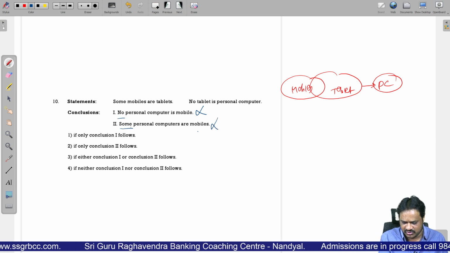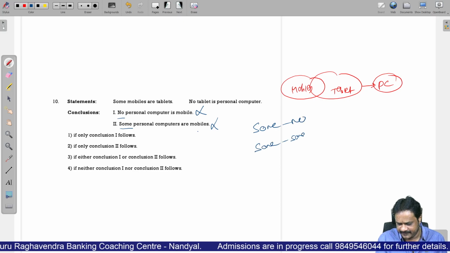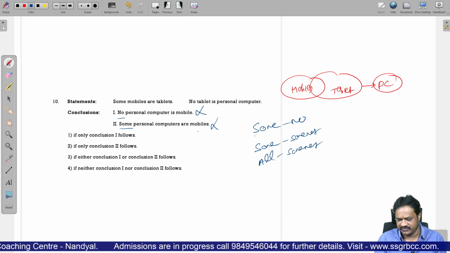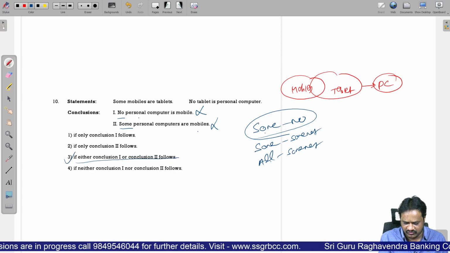But these two are called complementary pairs. There are three complementary pairs: some and no, some and some not, all and some not. If there is no relation between any two elements, and you are getting some and no, or some and some not, or all and some not, that is a complementary pair. So here either one or two follows.